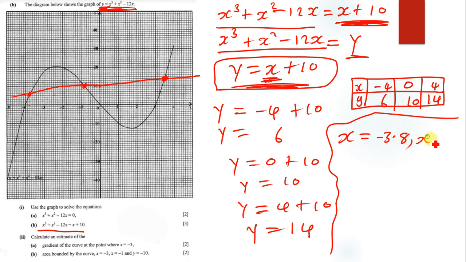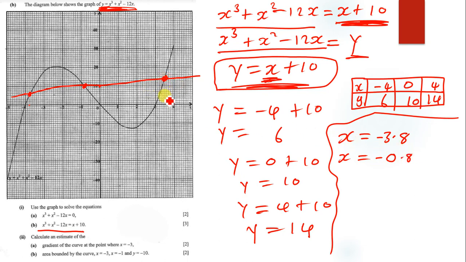Then the other x value, we pick this point here. This is just like 0.8. Yeah, so the other x value is 0.8. Let me just write it down. So we have x is equal to negative 0.8. Then we also pick this point there.